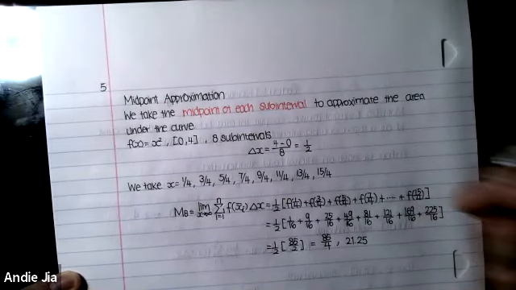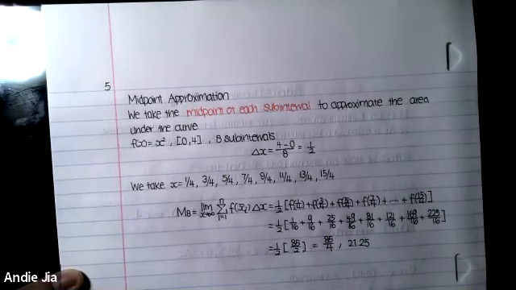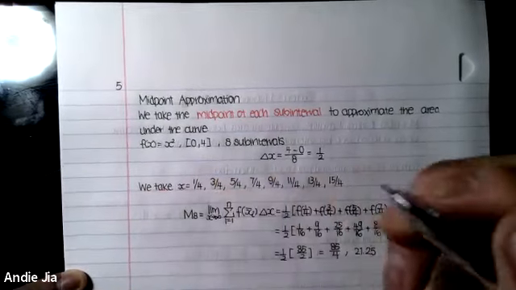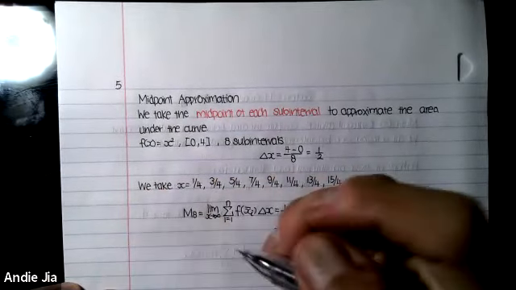Now we're going to do another. The third method of approximation is the left endpoint approximation.